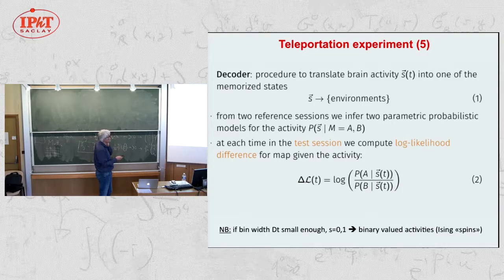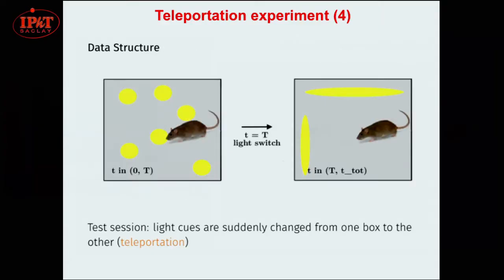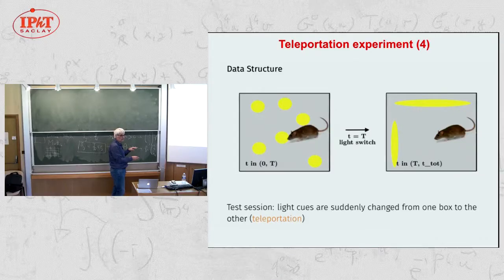So what we have here is, at any given time, the activity of a few tens of cells. And we would like to know from the activity whether the rat has a mental representation which corresponds to box A or to box B. Okay? And in particular, it would be very interesting to see whether this mental representation agrees or not with the light, because this is not obvious. Okay? That's the point we'd like to understand.